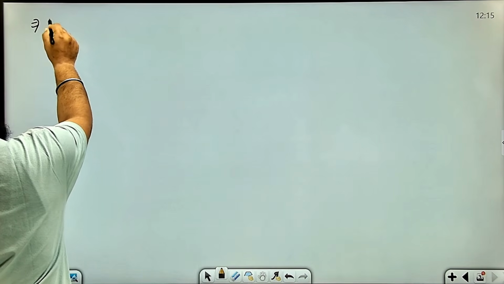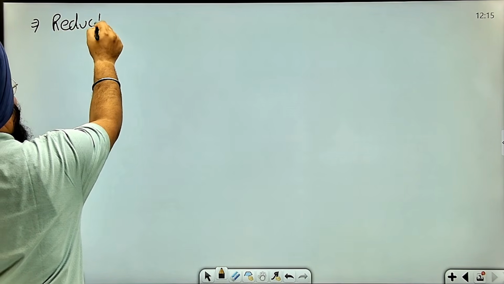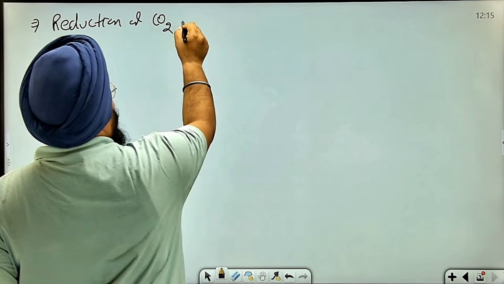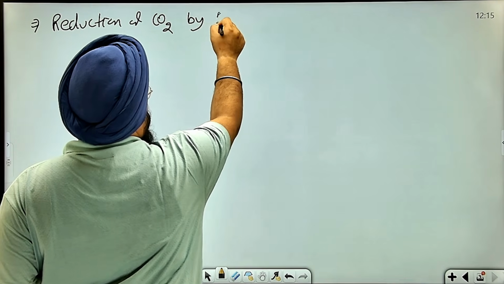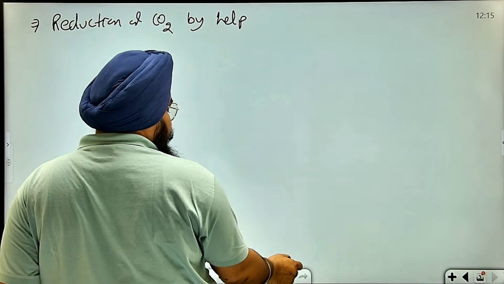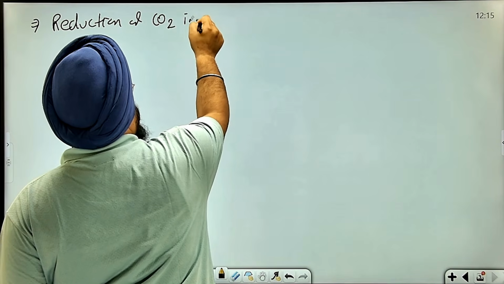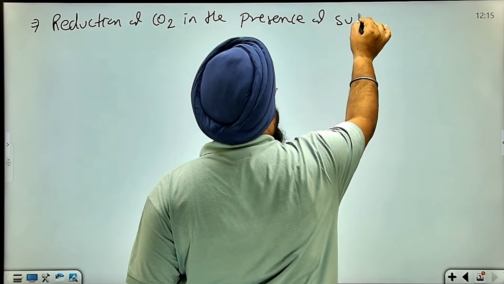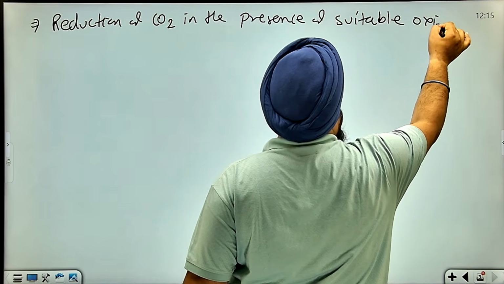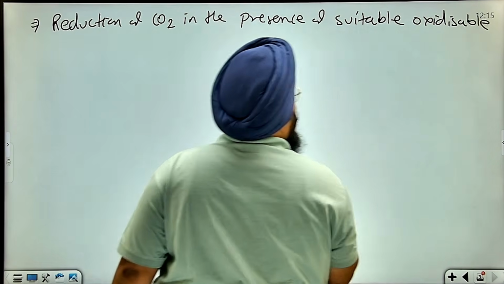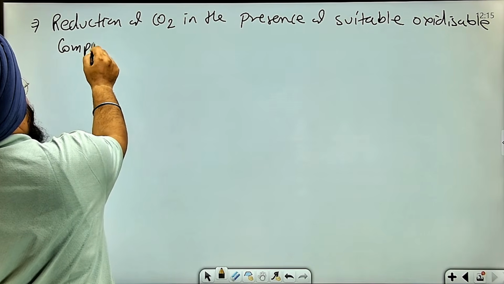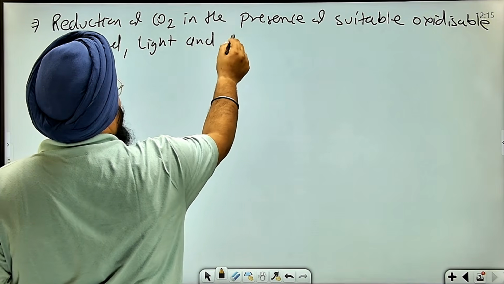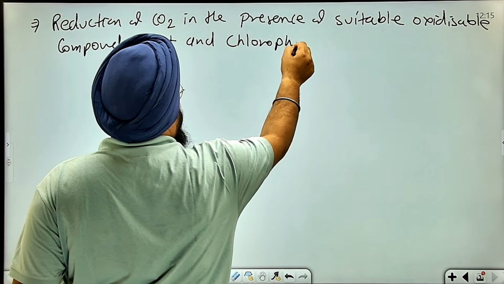Then the definition is: photosynthesis is reduction of CO2 in the presence of a suitable oxidizable compound, light and chlorophyll.